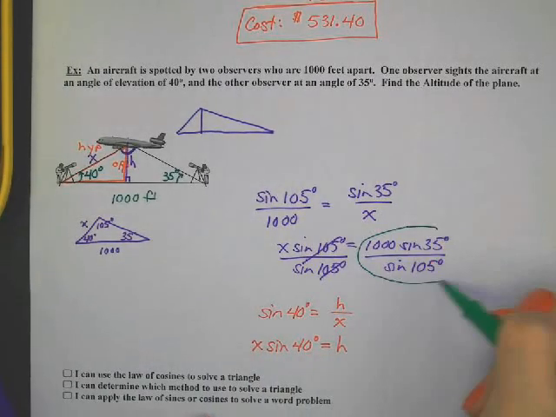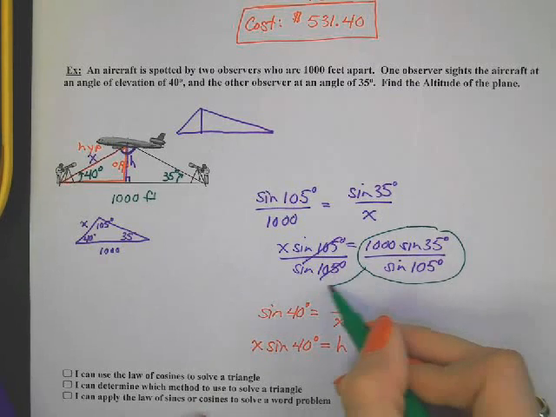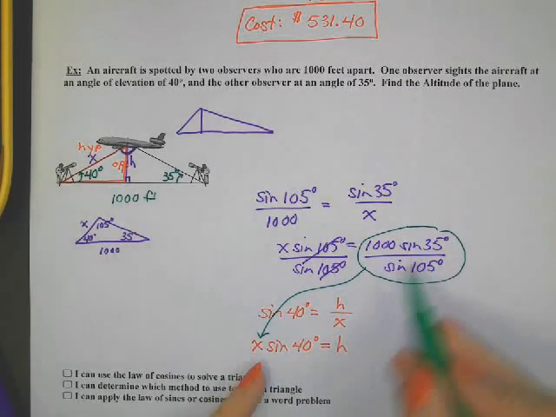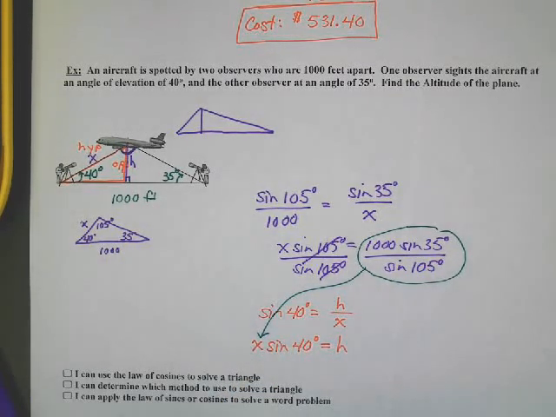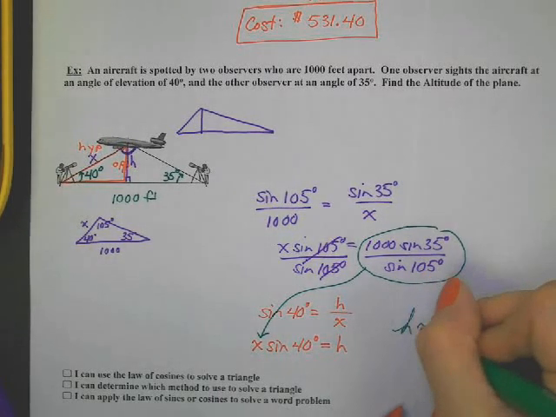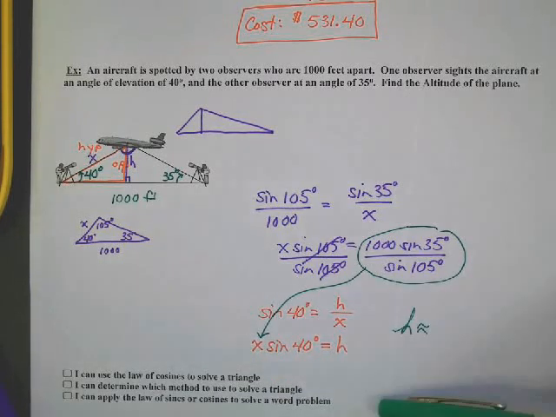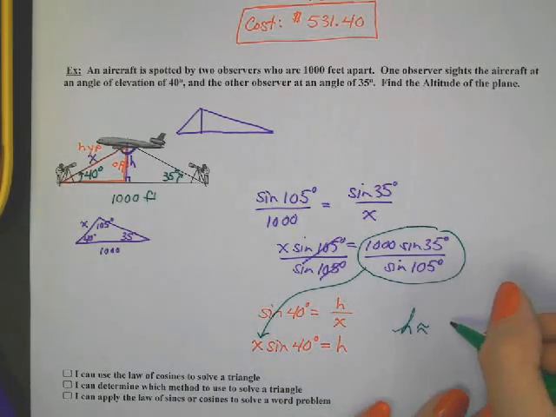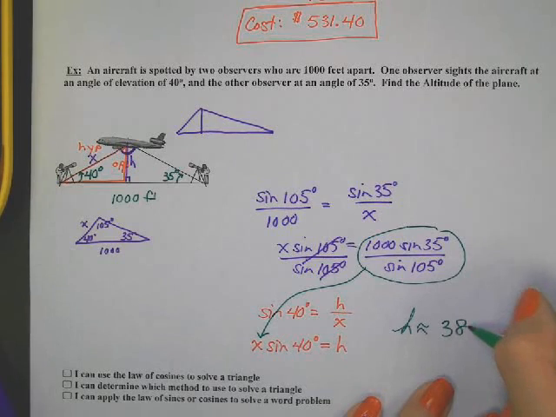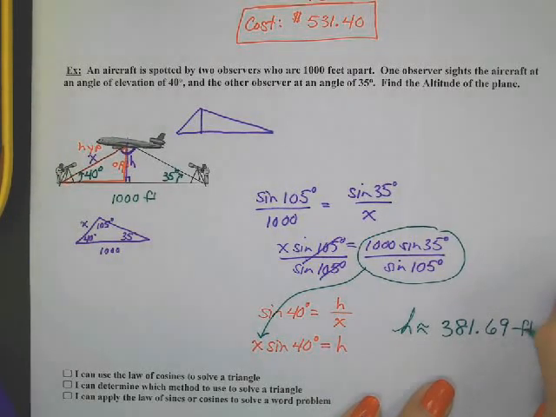So if I take this calculation right here, pop it into the x, take that calculation times sine of 40, I could tell you that the height of this plane, the altitude, is approximately 381.69 feet.